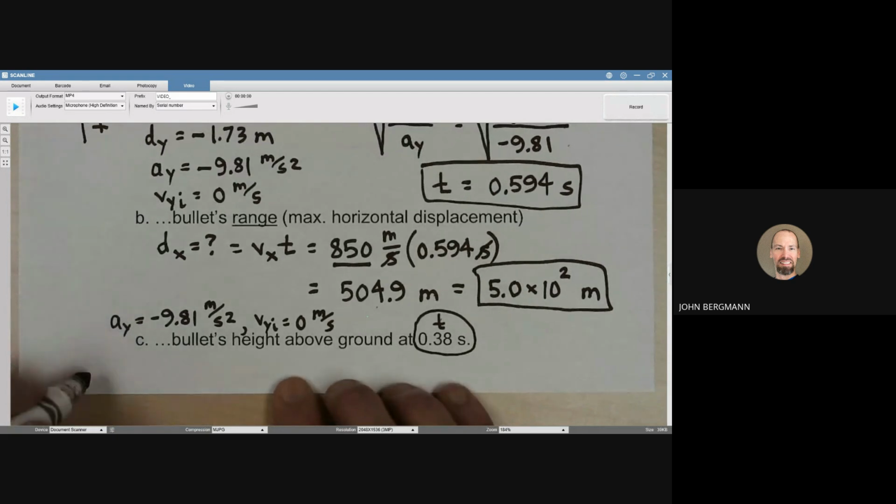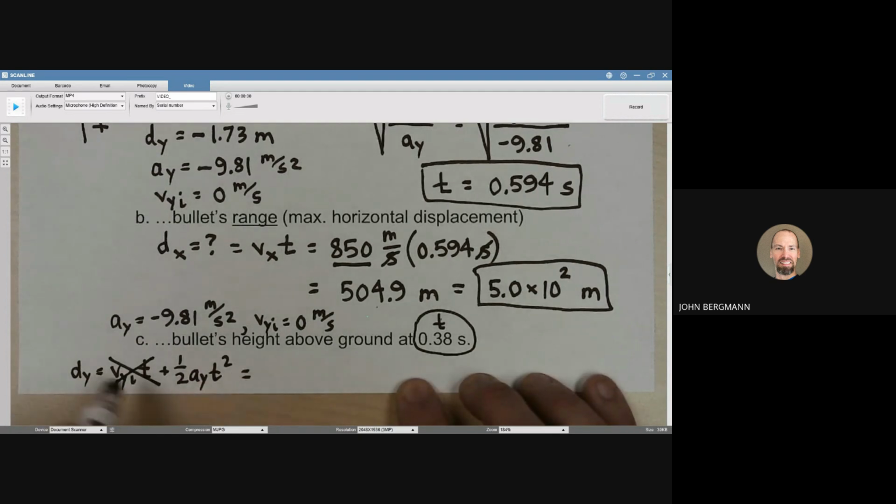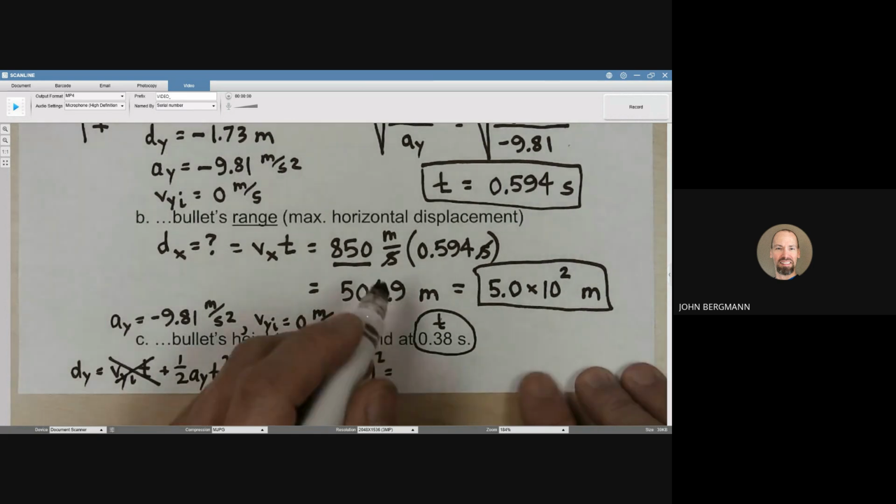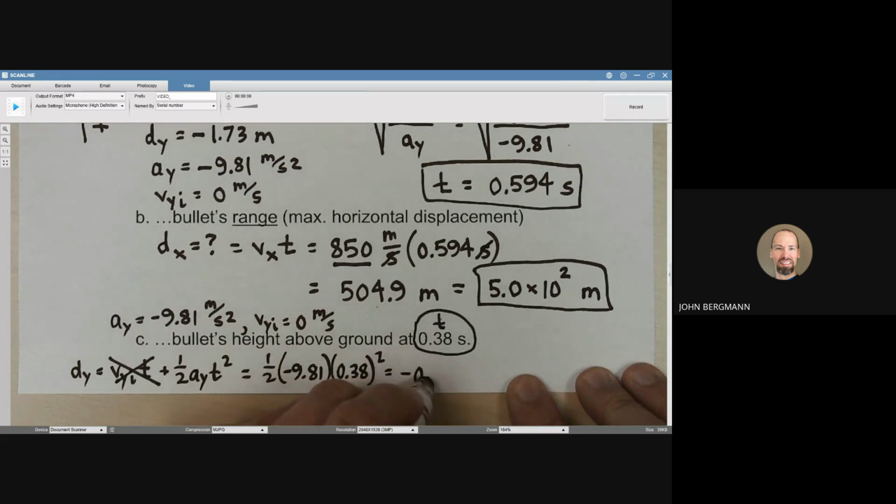Here we go. dy equals Vy initial times time plus 1/2 ay times time squared. Vy initial is 0, so this term disappears. The distance downward that this thing will have fallen in 0.38 seconds is 0.71 meters.